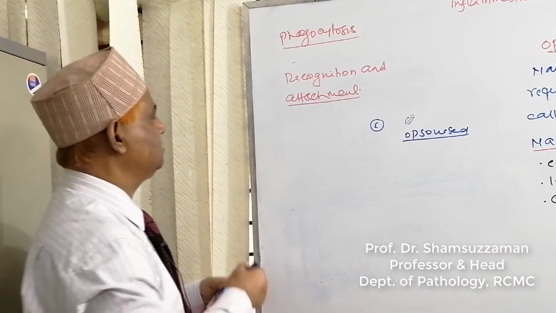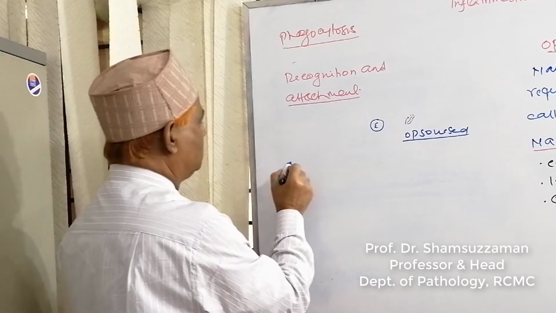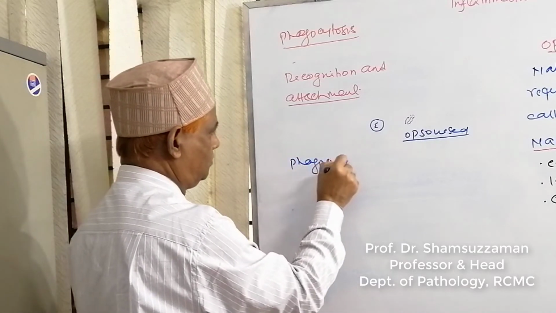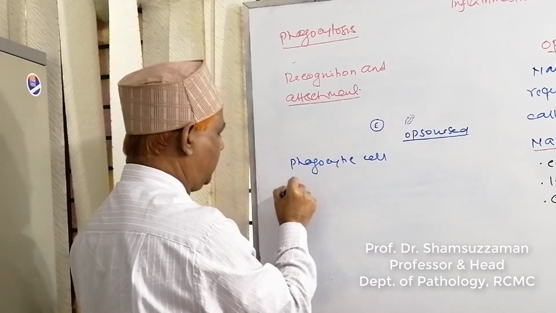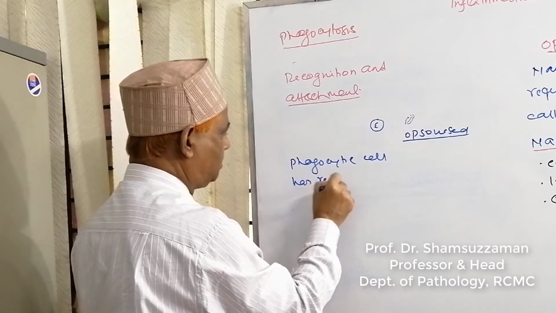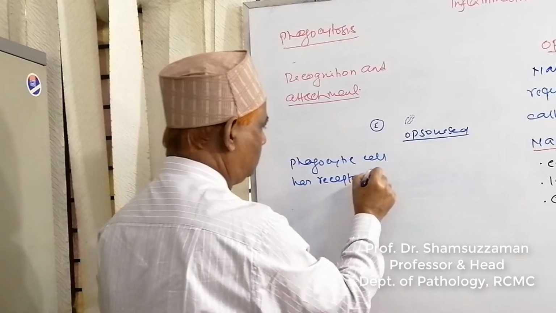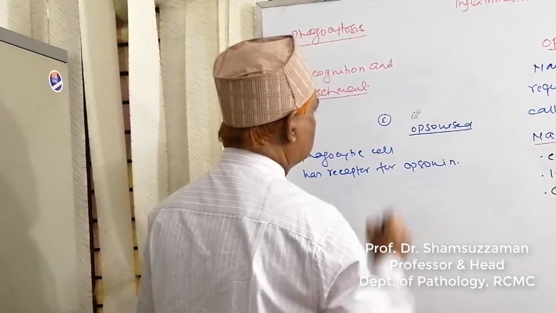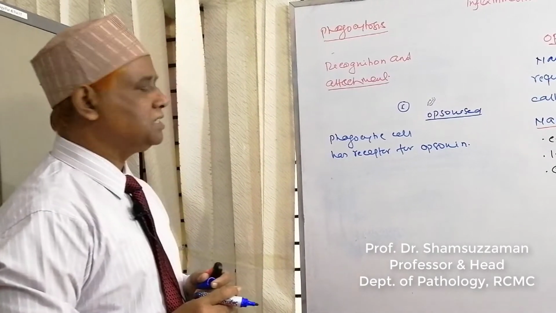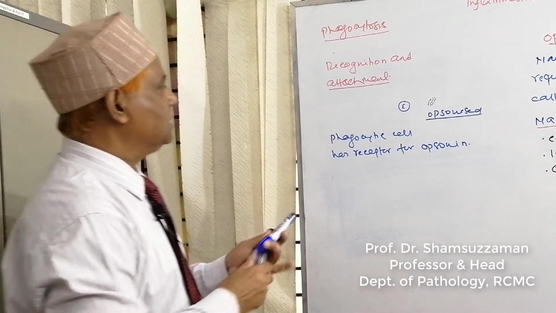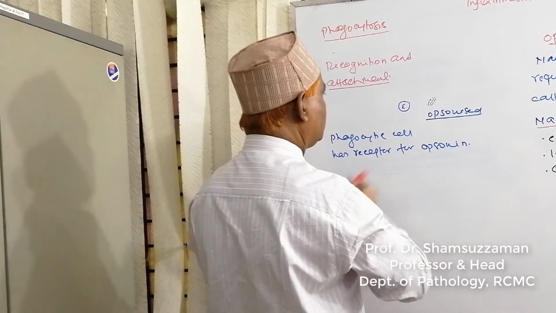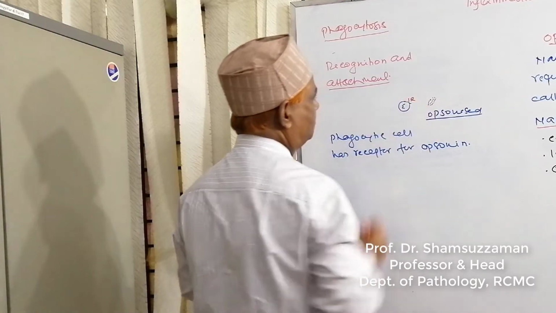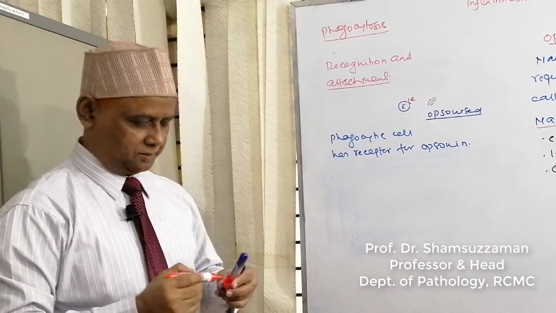How to recognize? Phagocytic cell has receptor for opsonin, and this is the receptor on it for the opsonins.